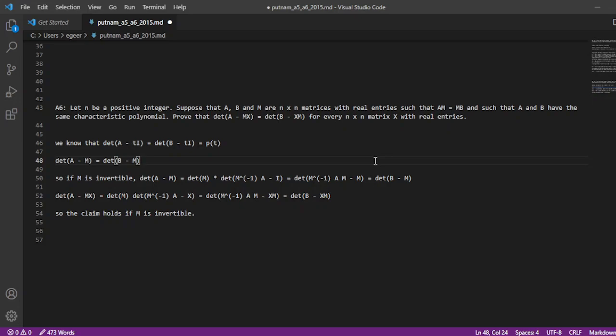And matrices of the same characteristic polynomial don't even have to be conjugate. So you have to assume that they satisfy this relation for some M, and then you have to prove that you can basically choose M to be invertible by an arbitrarily small perturbation.